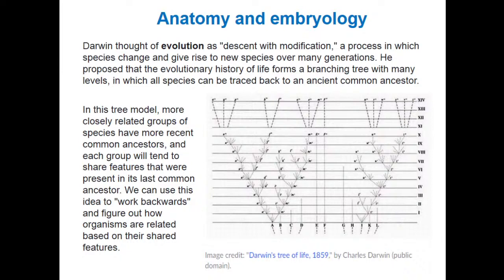And Charles Darwin thought of evolution as descent with modification, a process in which species change and give rise to new species over many generations. He proposed that the evolutionary history of life forms a branching tree with many levels, in which all species can be traced back to an ancient common ancestor.